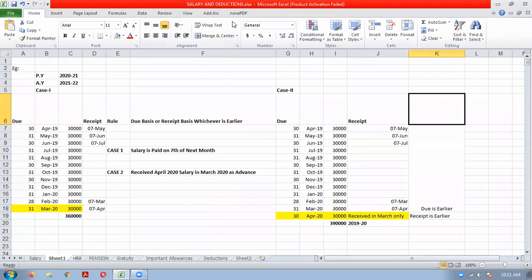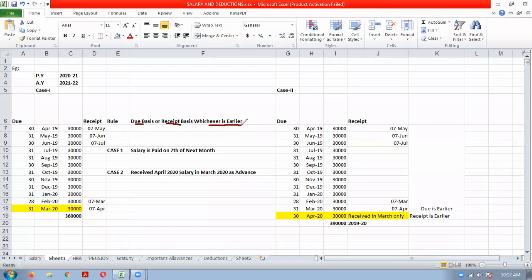Now, the next important thing which we have to understand in salary: when is salary taxable, or how is salary taxable? The Income Tax Act says that salary is taxable on due basis or receipt basis, whichever is earlier.